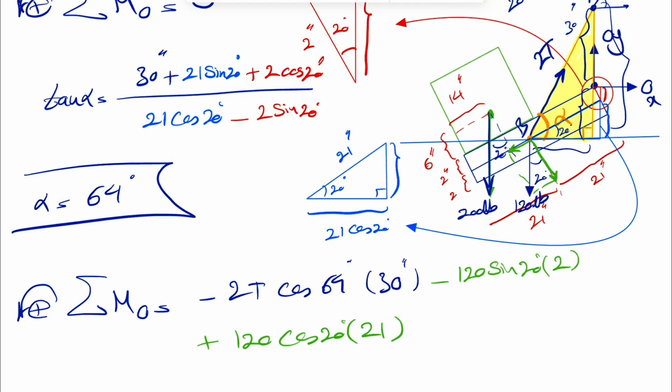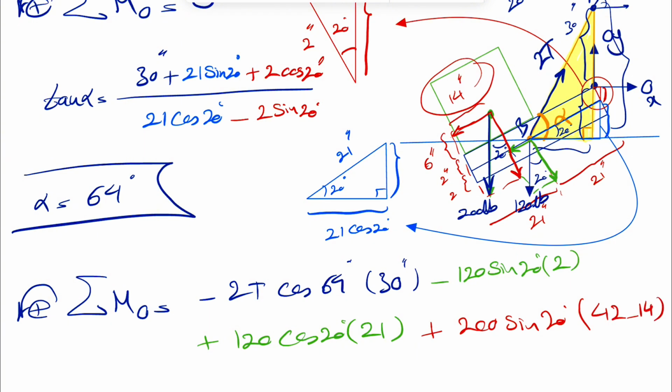And the last thing is the moment of the crate. We're going to do the same thing. This will be one component, this will be the other one. Let's start with the one parallel to the tailgate. The moment will be in this direction, so counterclockwise, positive plus 200 sine of 20 degrees, and the distance would be the length of the tailgate, which is 21 plus 21 minus this distance 14, so 42 minus 14, and the distance would be the vertical distance to the line of action, which is what we have here, and we know that's going to be 6.